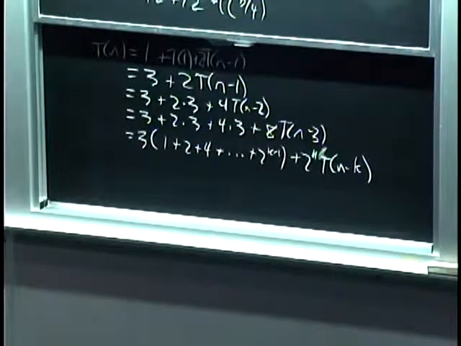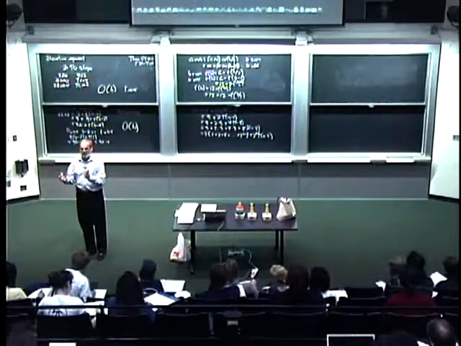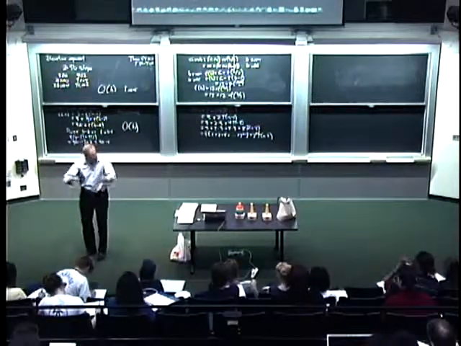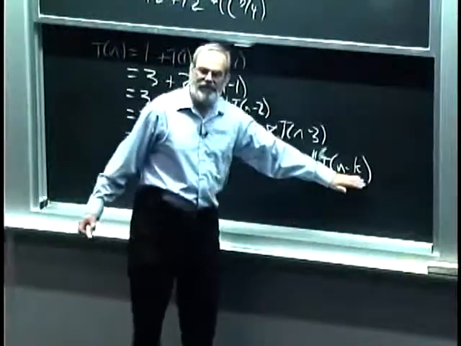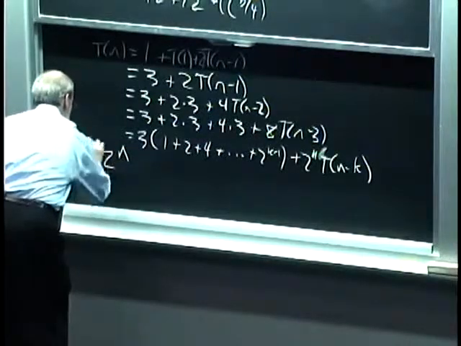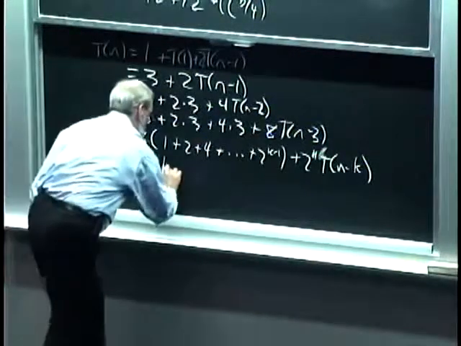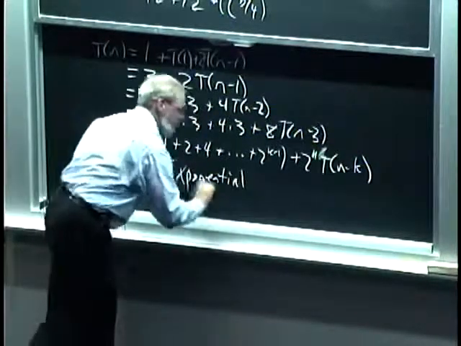I'm just expanding it out. What I want you to see is because I got 2 versions of that problem, the next time down I got 4 versions. The next time down I got 8 versions. And in fact, if I substitute, I can solve for this. I'm done when this is equal to 1. If you substitute it all in, you get basically order 2 to the n. Exponential.